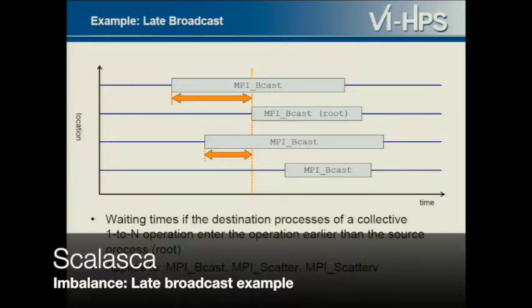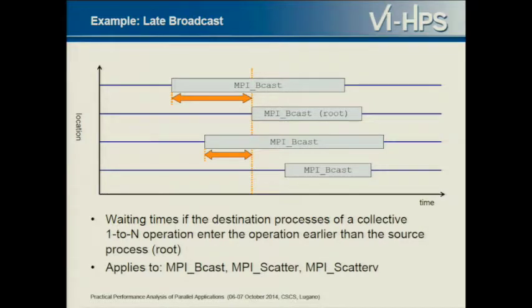For something like a broadcast, we have to differentiate between the root of the broadcast and the other processes. Again, the broadcast is a collective operation. That again means that processes that enter the broadcast early will have to wait, and they can't proceed until at least the broadcast root has participated in making the information available.